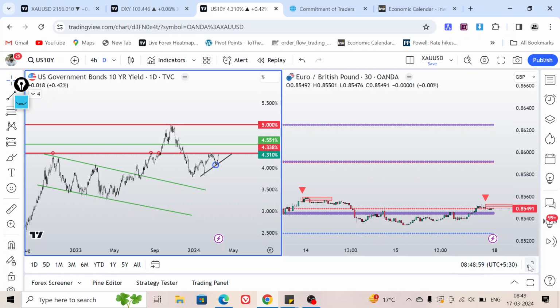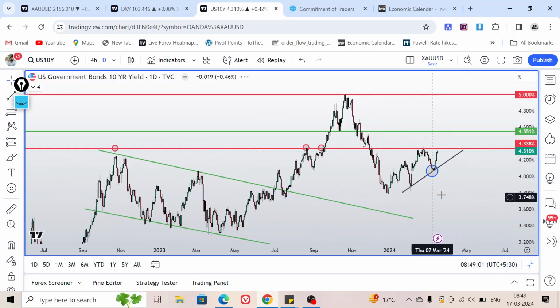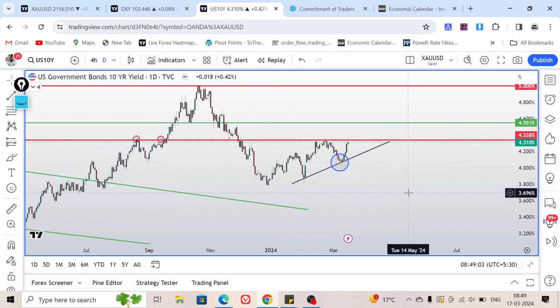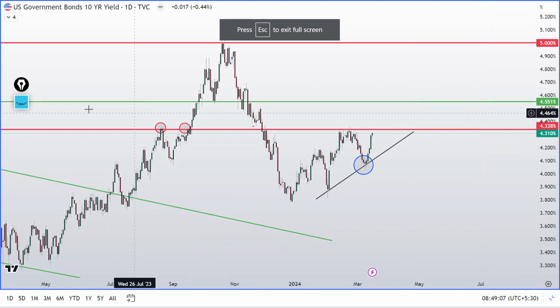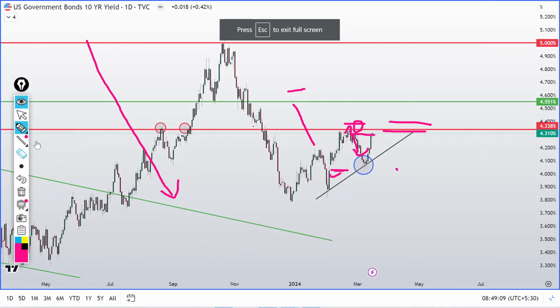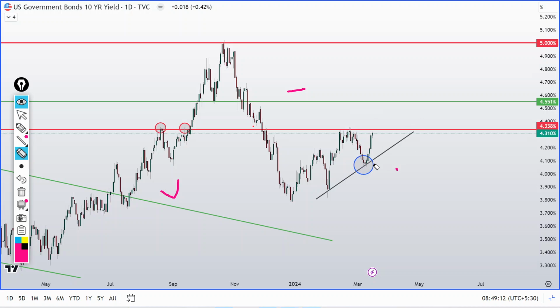In the US 10-year yield chart, you can see the current structure is holding at this particular level right over here, and it is currently moving toward the resistance level, right over here. So we have to wait for the reaction, or how price is going to behave around this level, and at the bottom side this is the support trend line.